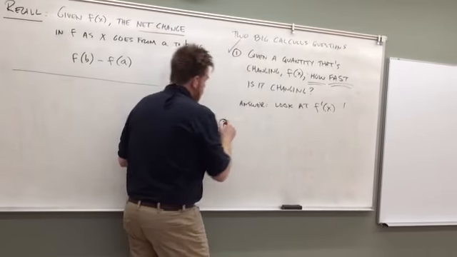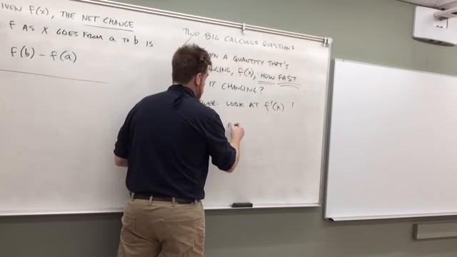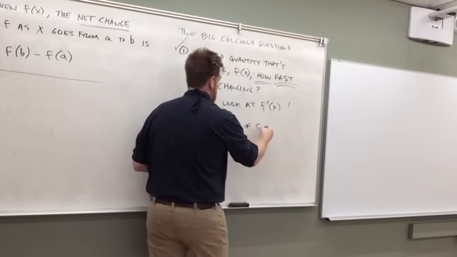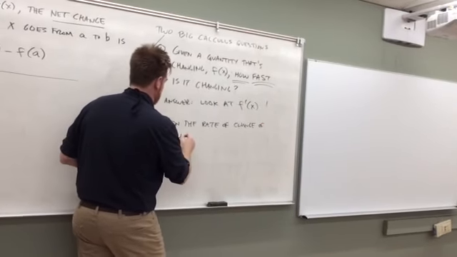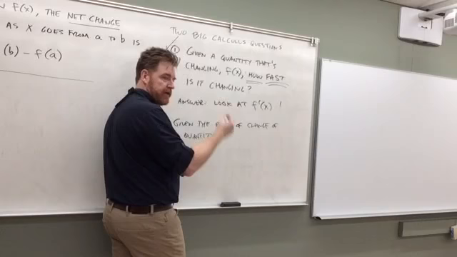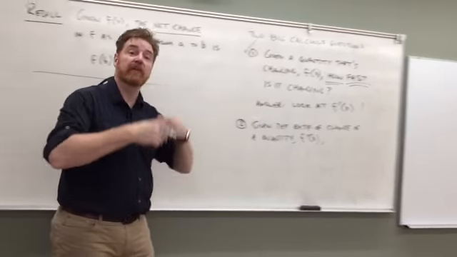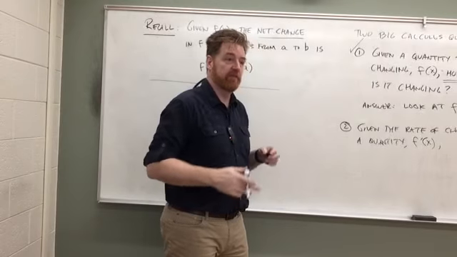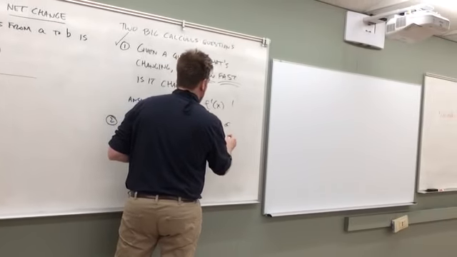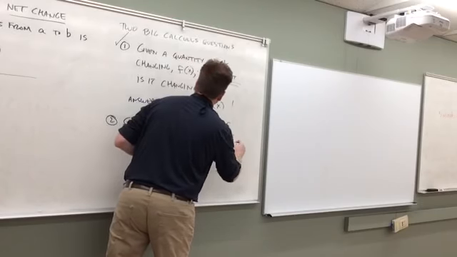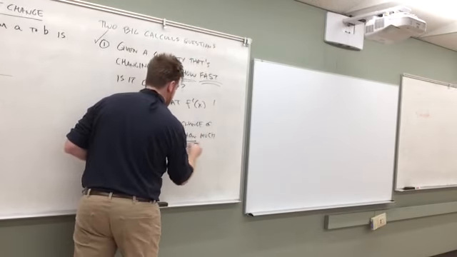Question number two, if you remember, was given the rate of change of a quantity. So I'm gonna write it as, just to make it really clear, if you're given a derivative of some function, and someone asks you how much, here, I'll underline it this way so the structure is the same.